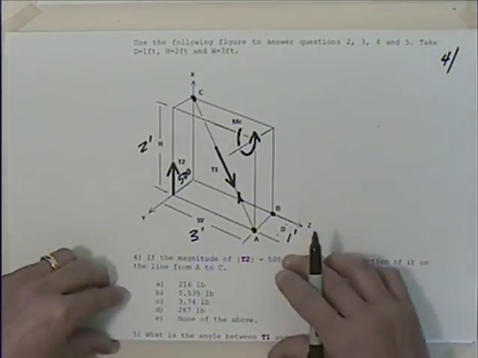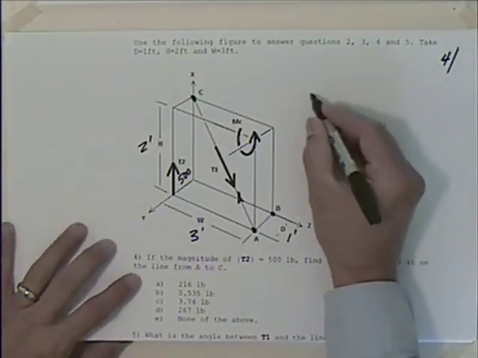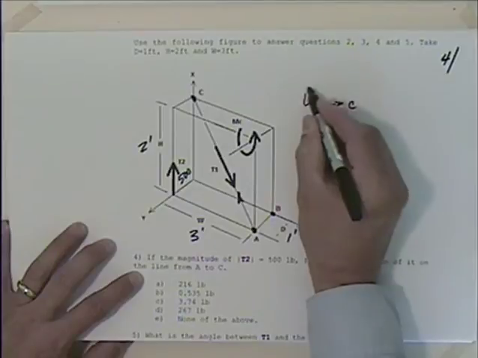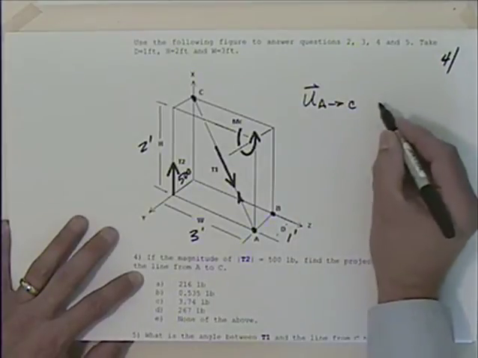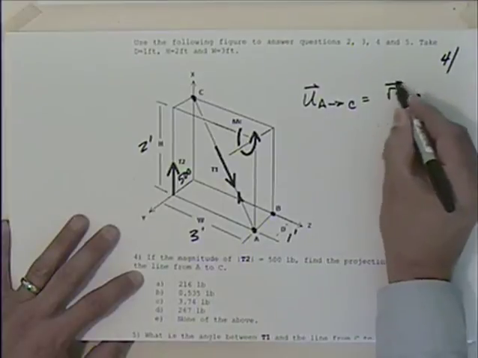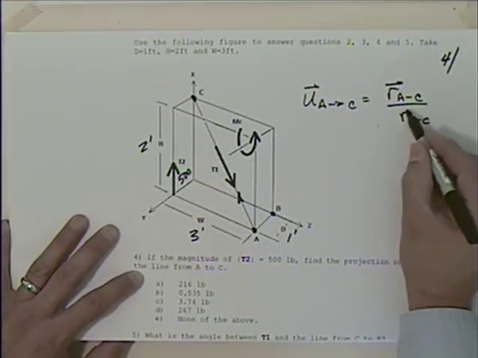Yeah, you could get that. You could come up with the unit vector for A to C. You could get that as the position vector A to C divided by the magnitude of that same position vector.